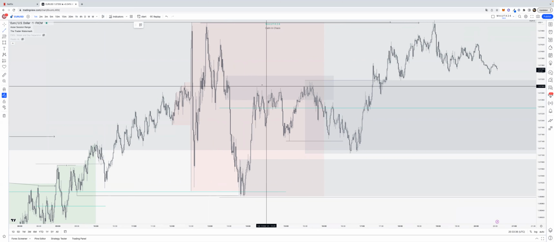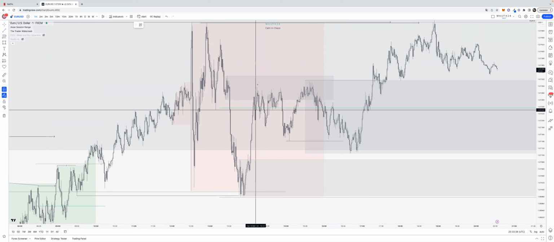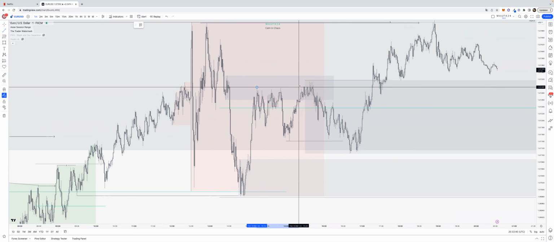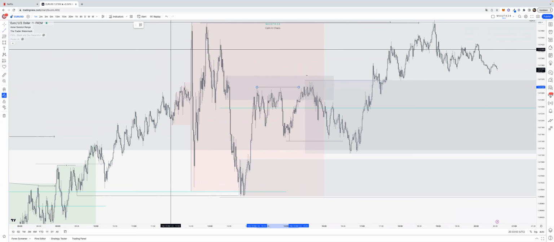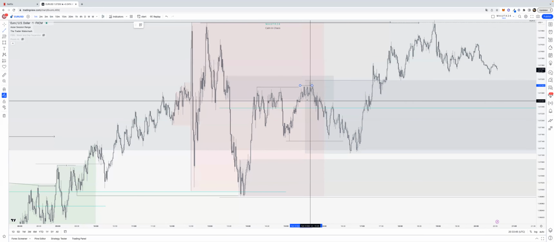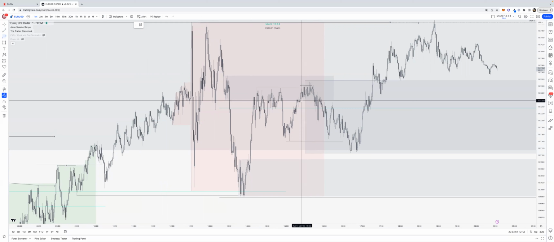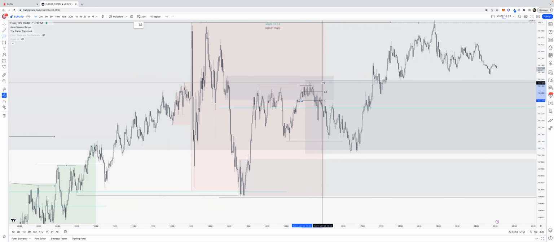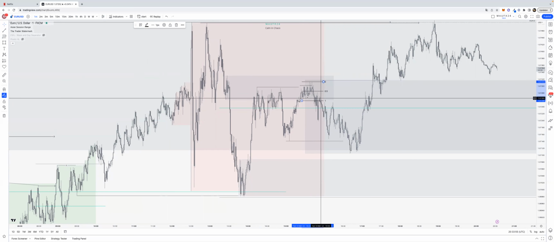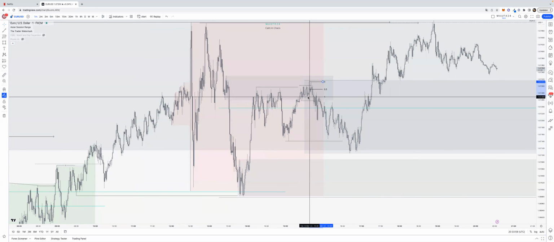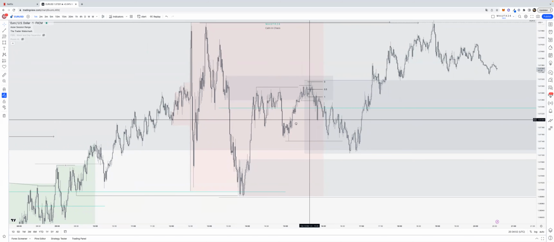Then we take out this liquidity over here. Beautiful. Then we take out some more liquidity over here, and we take out this one. It would be my swing, I guess. Or maybe this would be my swing.